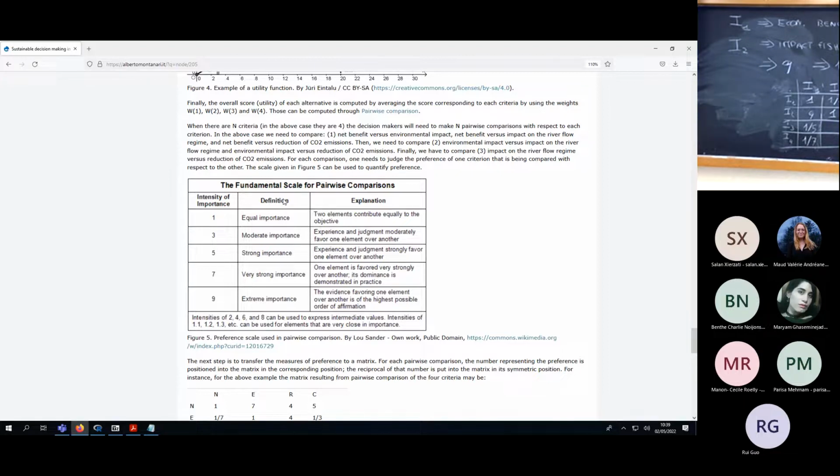Or no, I think it is correct in this way, because I4 is more important than I3, and then when I compare I2 with I3, I should give more importance to I2 with respect to I3, because I3 is less important than I4. So I think 5 and 3 is correct, more or less. It should be 9/5. Or? Sorry? Or the I2 to I3.